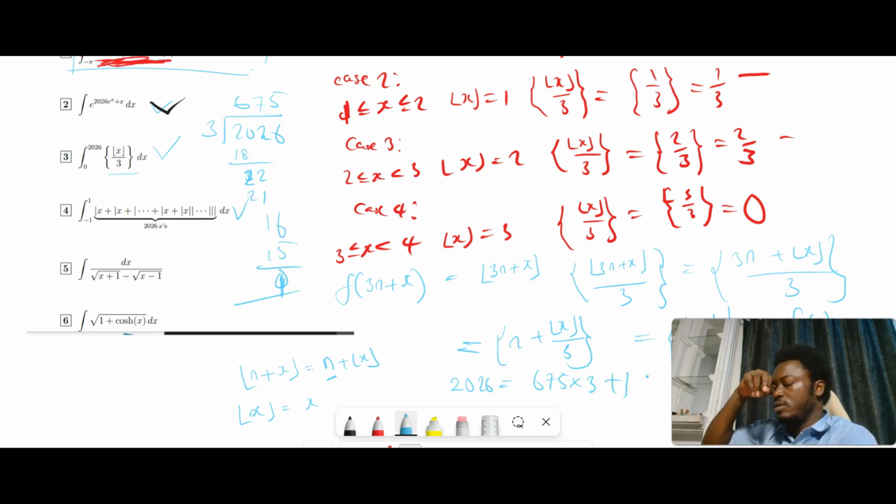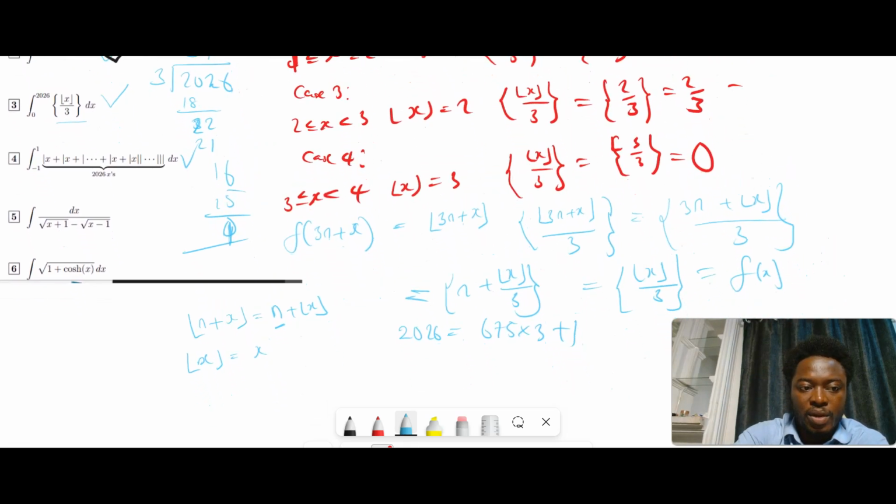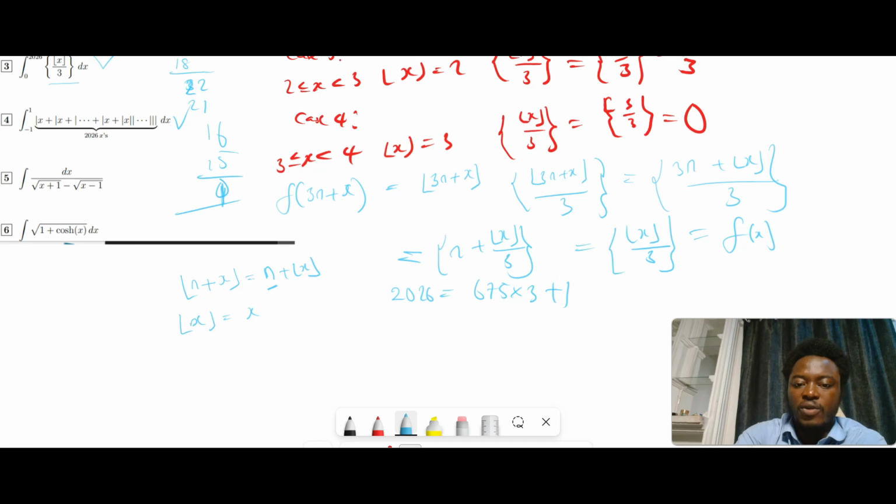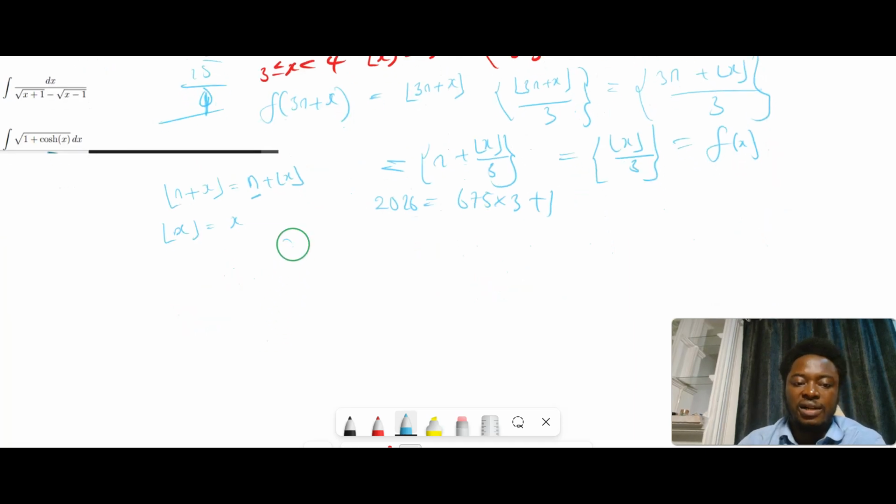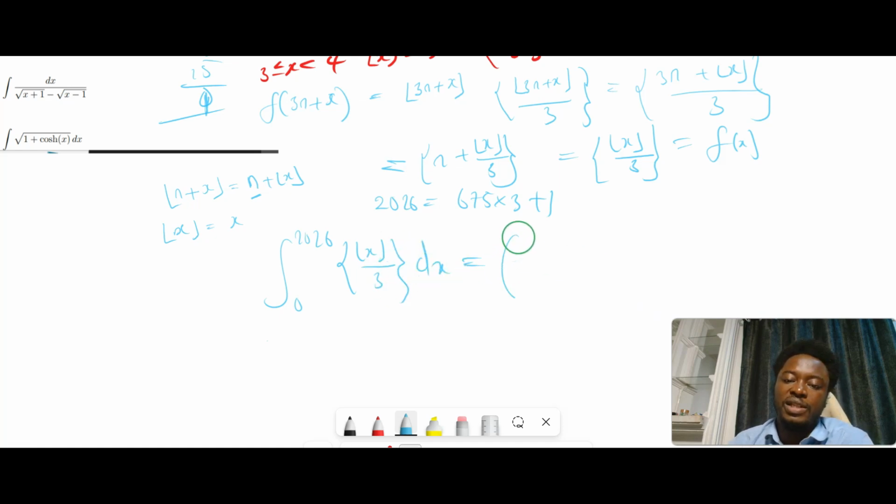So what we do is we have the integral from 0 to 2026 of the fractional part of the floor of x divided by 3 dx.